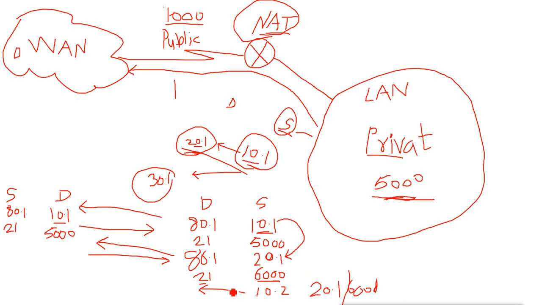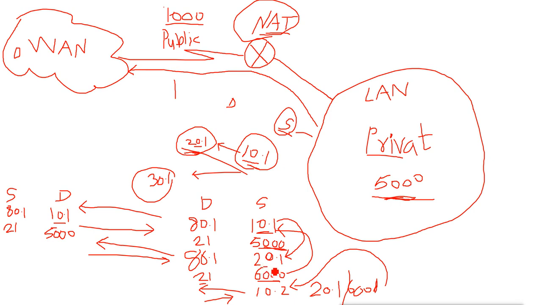Now when suppose both the replies come back, the router will translate them like this. If the reply for 6000 is coming, that means this is for 10.1. And if a 6001 reply comes, that means it is for 10.2. So basically it is doing the translation based on source port number, not source IP.